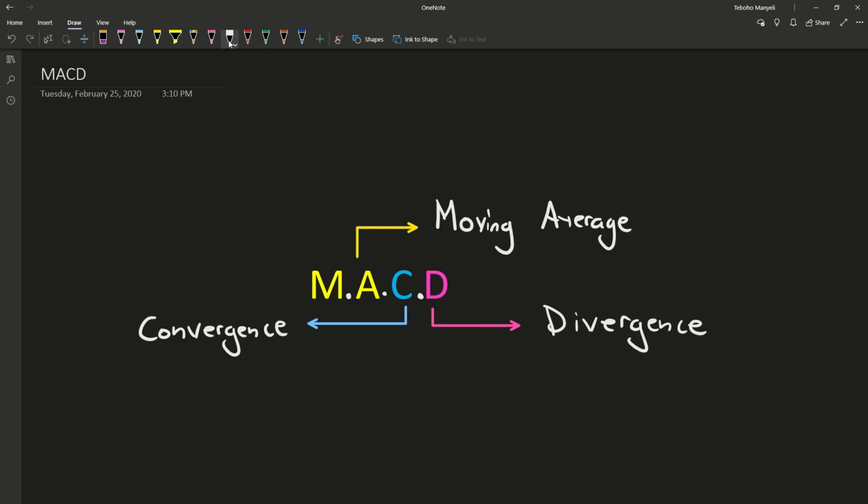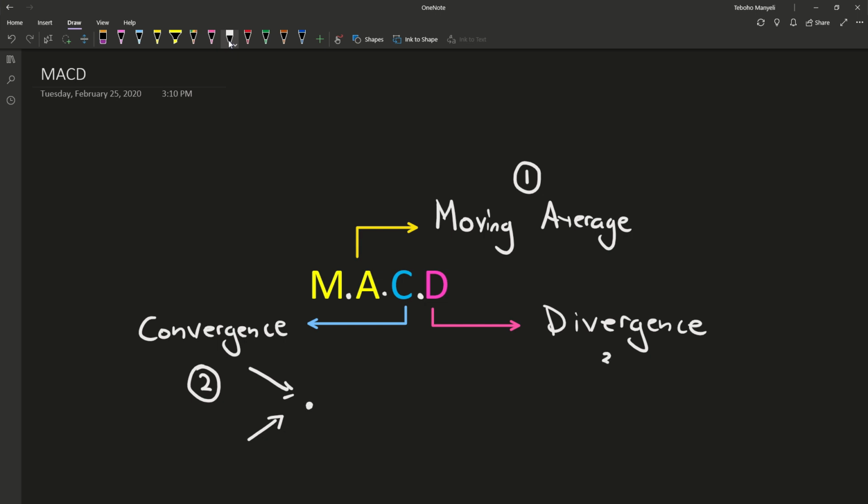One of its jobs is to indicate the average movement of the market. The second job is to identify when the market is converging, and convergence just simply means if you look at two lines, they'll be coming towards one another, so they're about to meet somewhere. So this is a point of convergence.